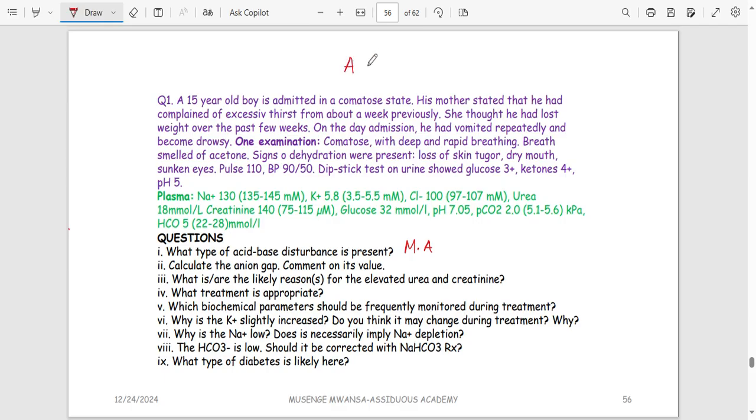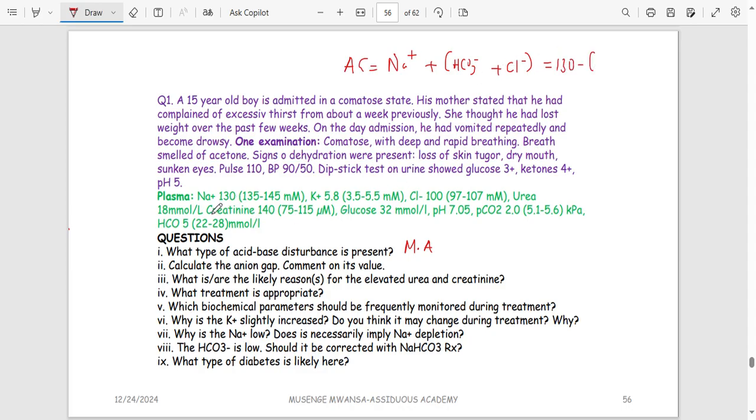So anion gap is given by sodium plus potassium minus bicarbonate plus chloride. Sometimes we just use sodium alone, so sodium minus bicarbonate plus chloride. The sodium here is 130, minus bicarbonate.